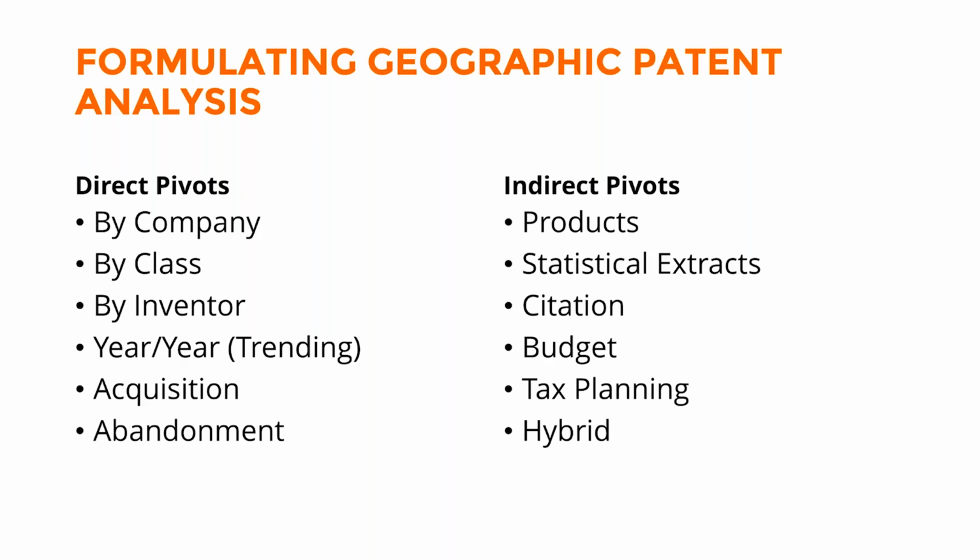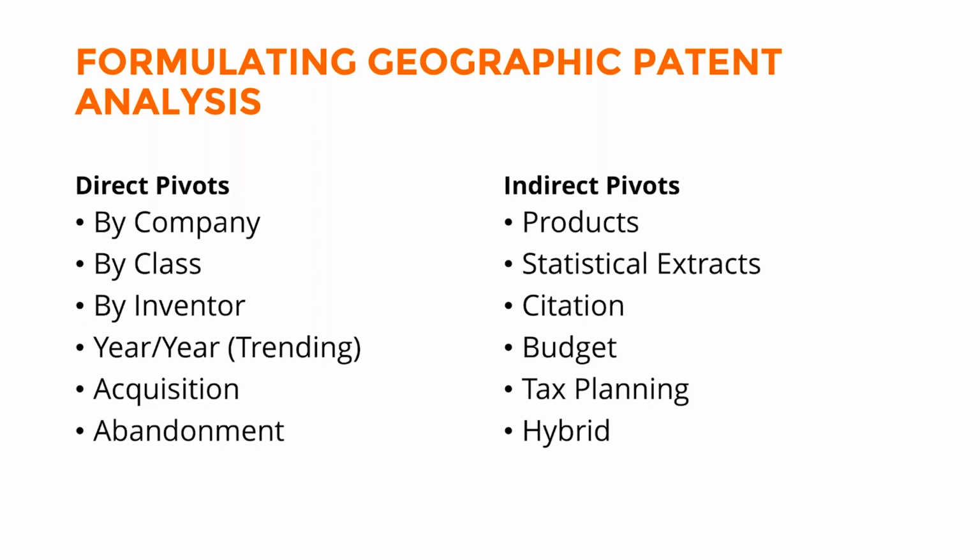Direct pivots being how do I want to cut up the data using the patent data itself, and indirect pivots being how can I supplement with additional data related to the patents, right, that might not be inherent to the patents, that allow me to get some more detailed inferences or draw some more additional insights.